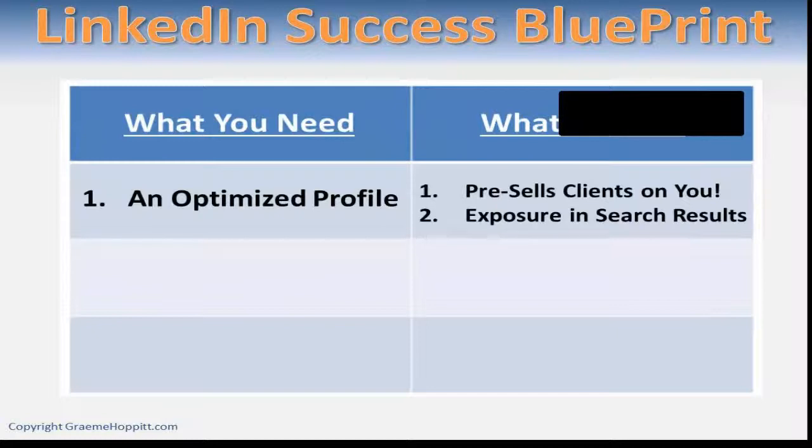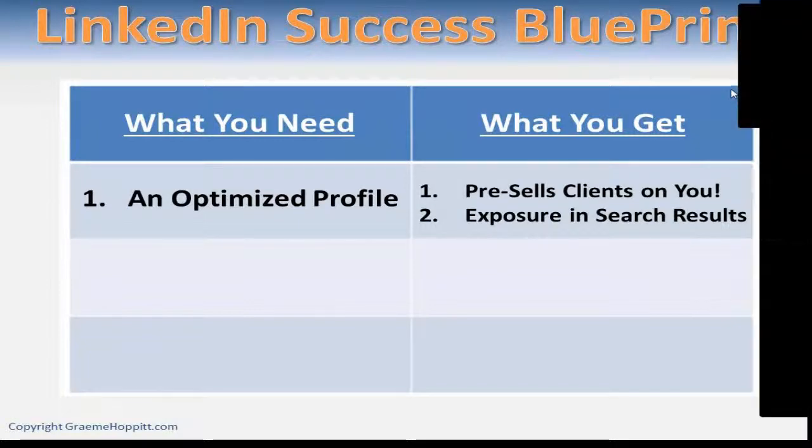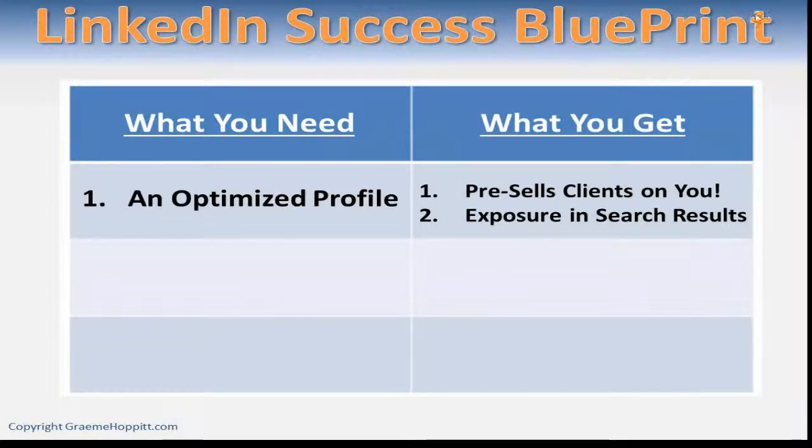This chart will highlight what you need and what you get from that. You need an optimized profile, which we've spoken about. And what an optimized profile gives you is effectively pre-selling clients on you. By having a great profile, visitors to your profile, prospects, are going to know a lot about you.